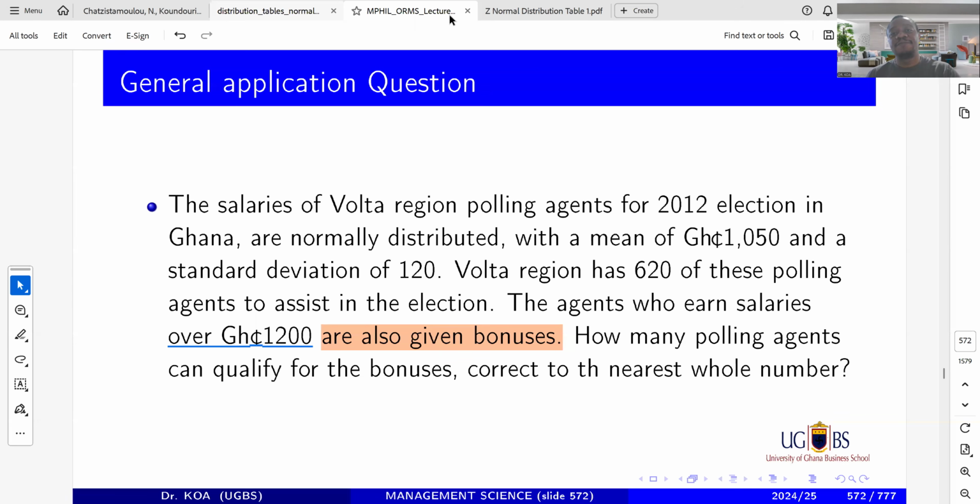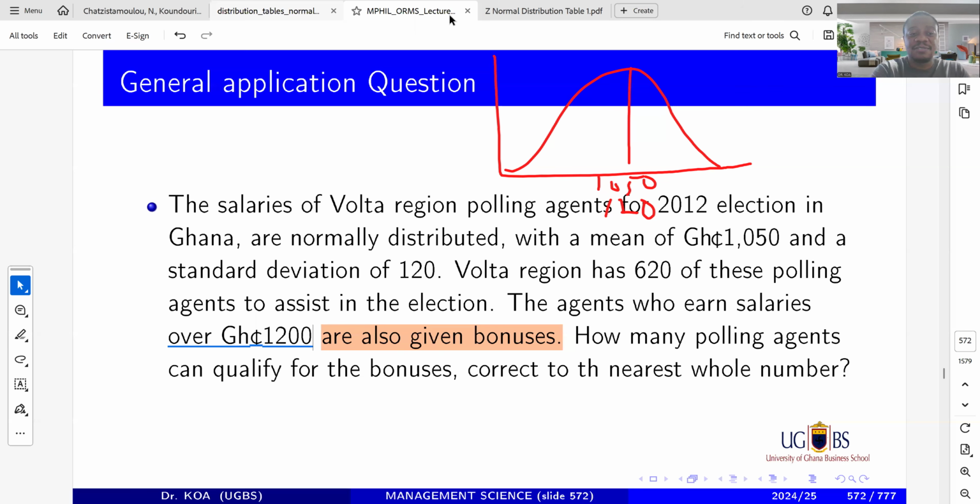How do you solve it? Well, the basic thing you got to do, normally I leave it for you to do, but I'm not doing this, is to draw your curve as well. The mean is 1,050. The standard deviation is 120. So first, you need to find over 1,002. Is it to the right or to the left of the mean?